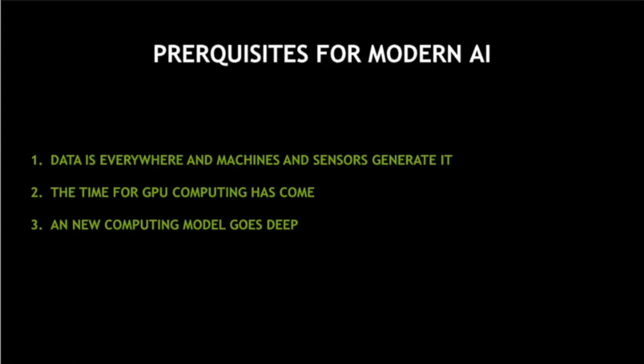The second prerequisite that needed to happen was that the time for GPU computing needed to come. This happened because the CPUs, with each next generation, were just gaining a little bit more performance. From one generation to the next, it was maybe 10% or 12% or 15%, which was not really a jump ahead.